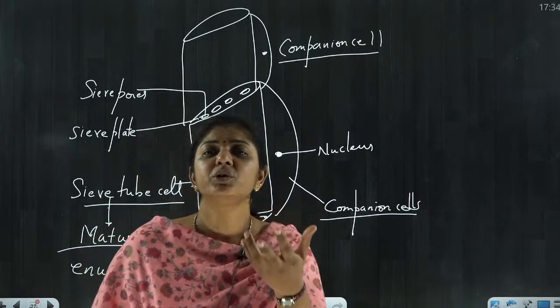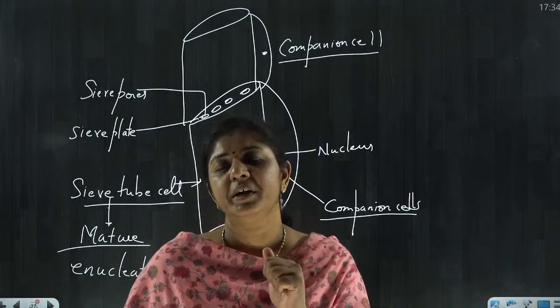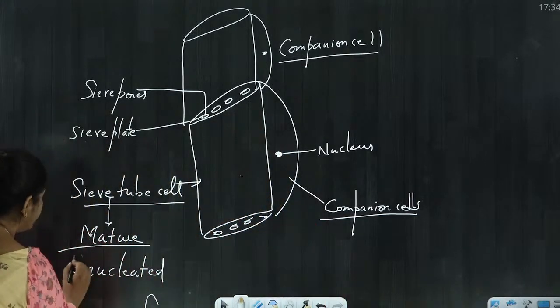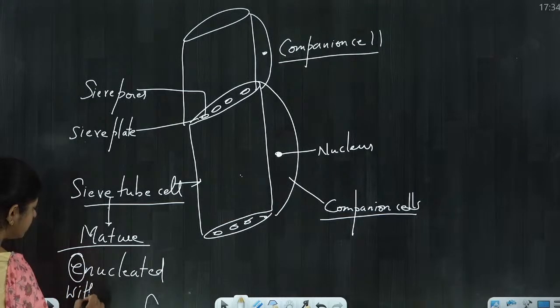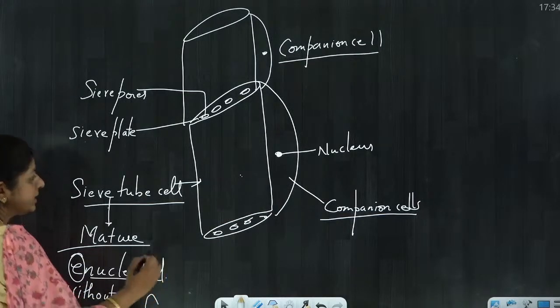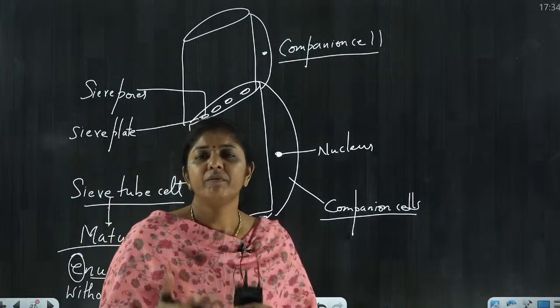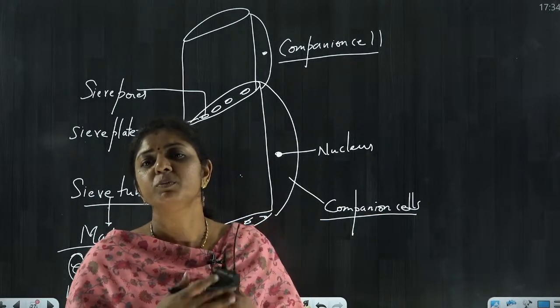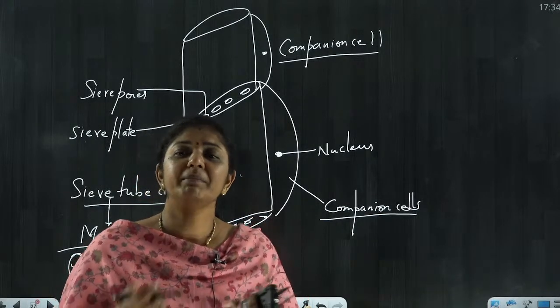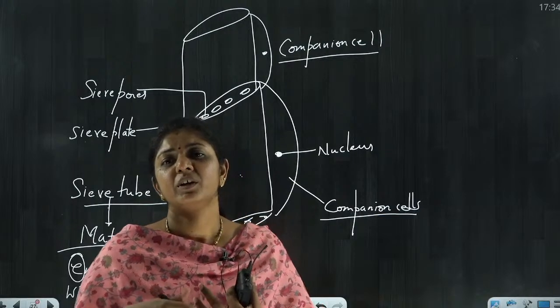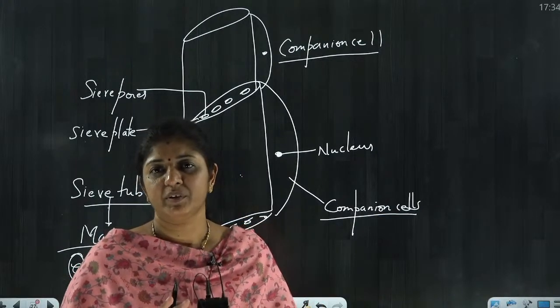But at maturity, they become enucleated. E means without. Without nucleus at maturity, which cells will be there? Sieve tube cells. But don't say they become dead after losing the nucleus. They still are living. Are you getting that?